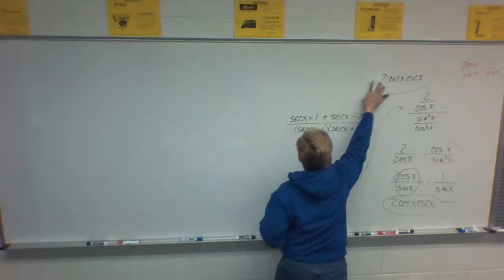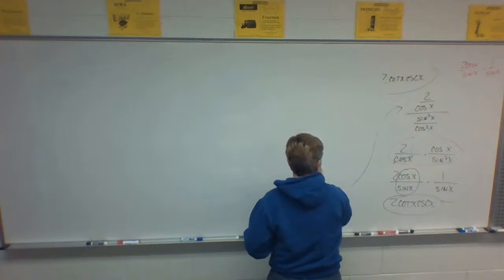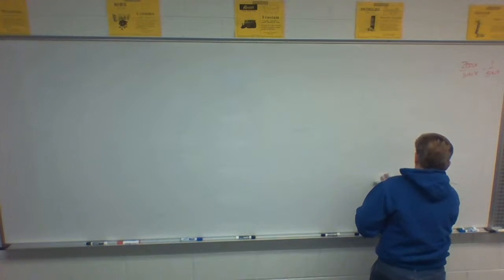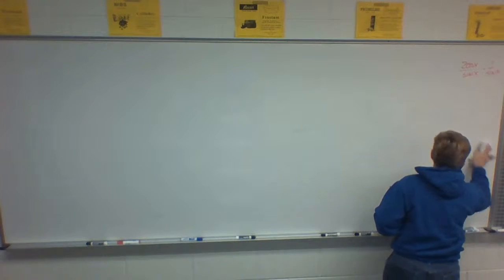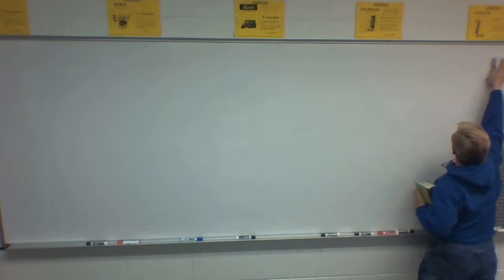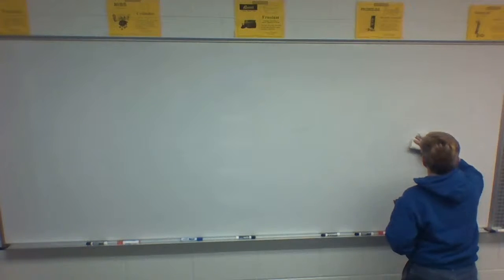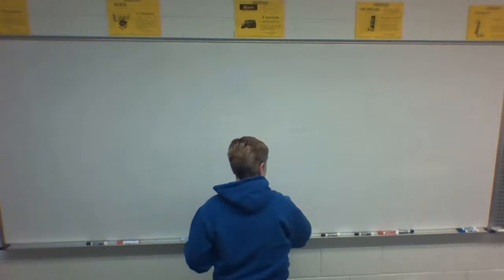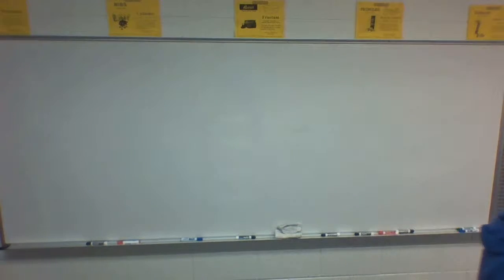It helps steer the proof instead of just blindly turning things into other things. Sometimes that's your only option. Just keep moving on it until it gets closer. You go, oh, now I see it. The main thing here is to persevere. Don't give up. Don't say, I don't know what to do next. I'm just going to quit. Keep trying something. Oh, grab the book so I can write it.